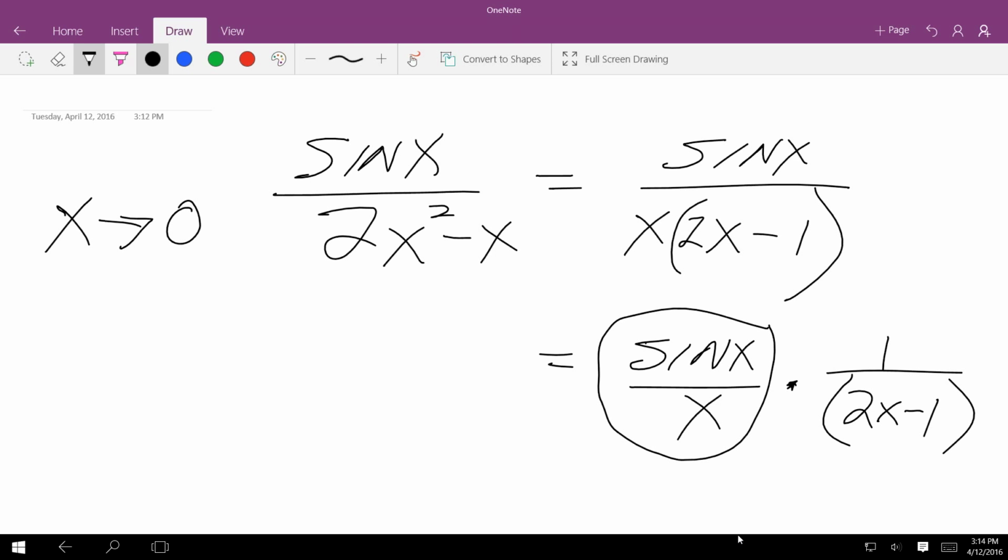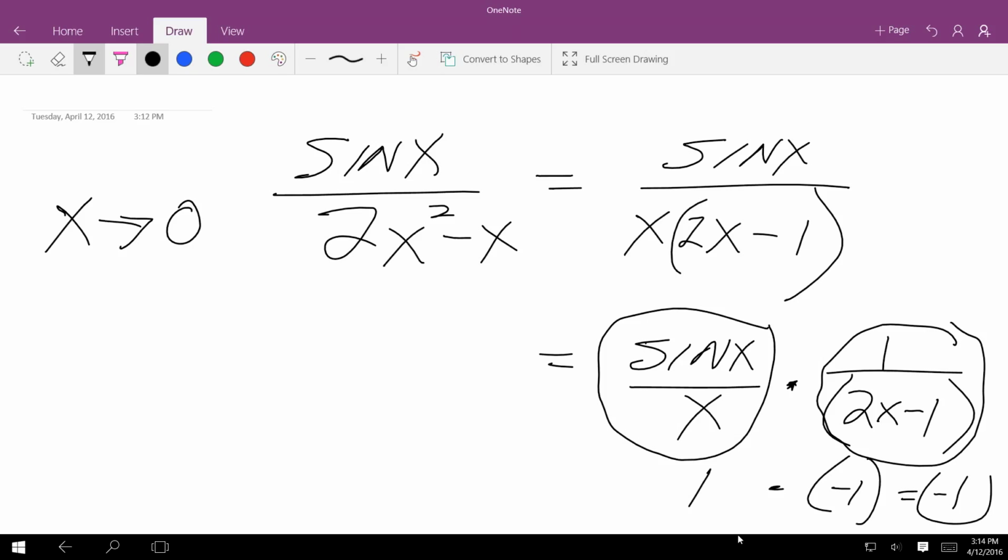And what's the limit of this as x goes to 0? So that would be 1 over -1. So we have 1 times -1. So our limit is -1. Okay, that makes sense.